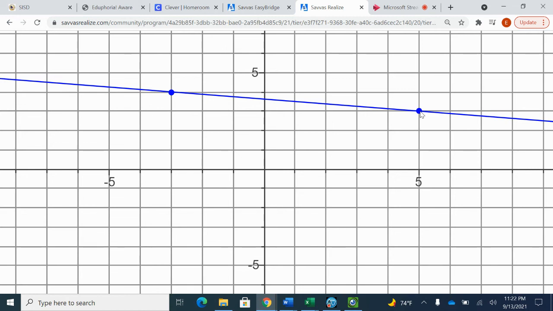And the second point that I'm given here is -1, -2, -3, +1, +2, +3, +4. So I have -3, +4.